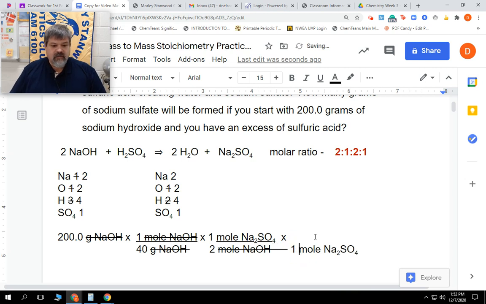So you can figure out how much it weighs. So 1 mole weighs how much? And that's where we're going to put on top. So we're looking for our grams of Na2SO4.